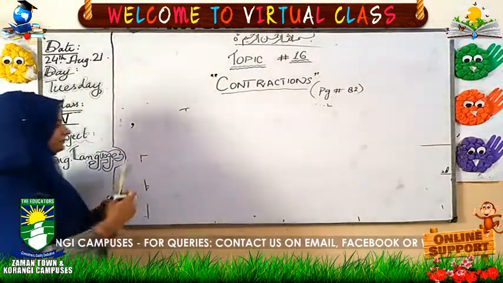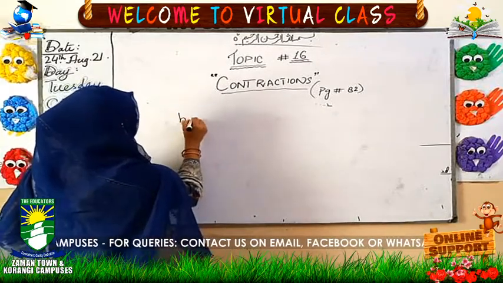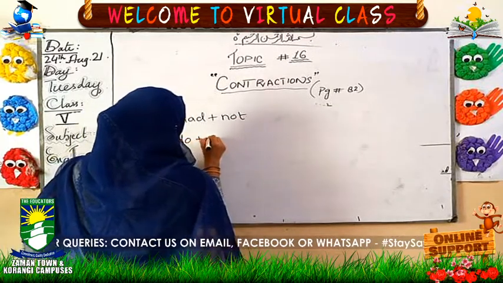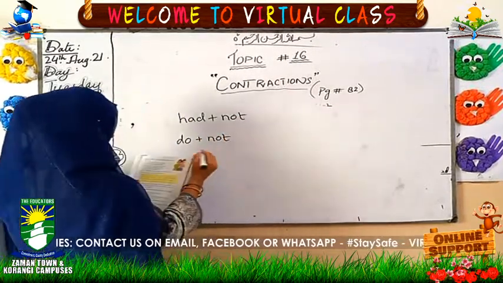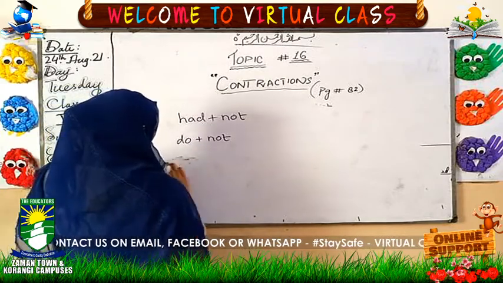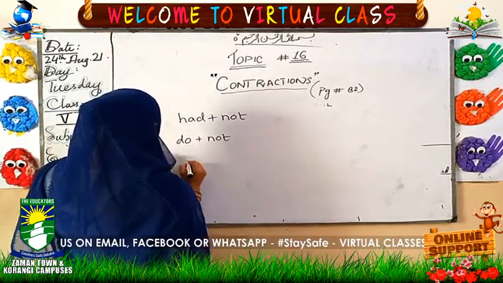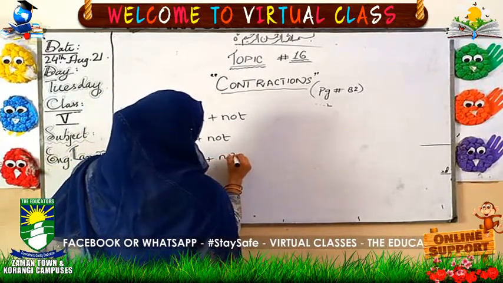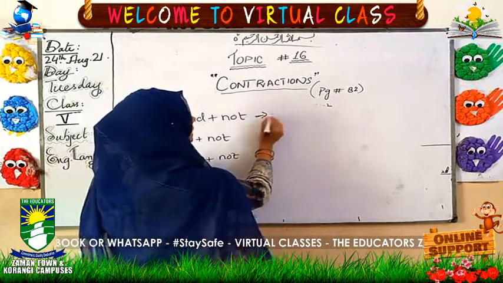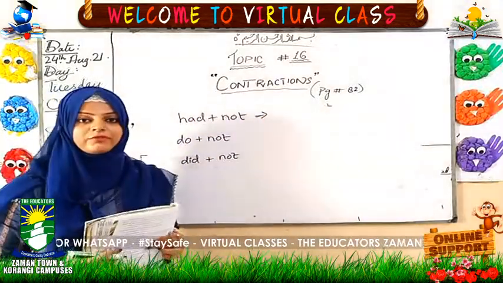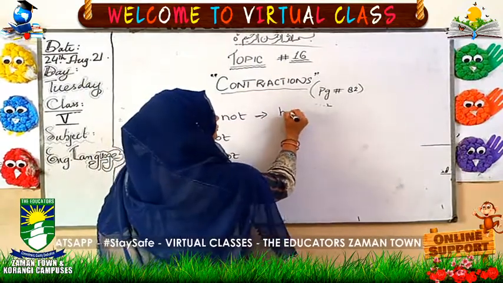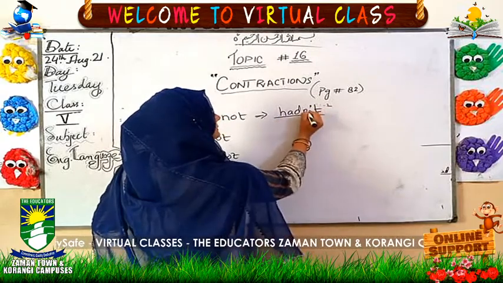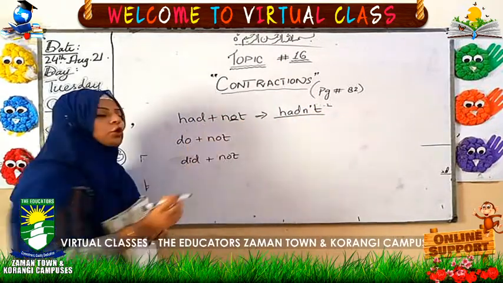not? Now students, how are we going to make a contraction of not? Had not. How are you going to make the contraction of it? Hadn't. We're going to add an apostrophe, because we are skipping the letter O, right?